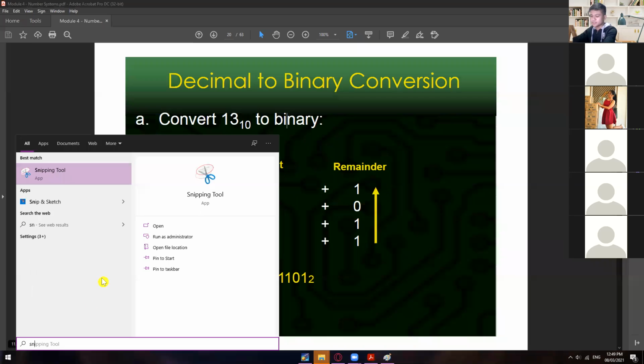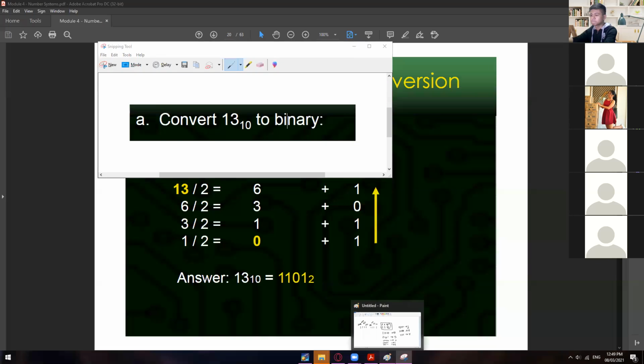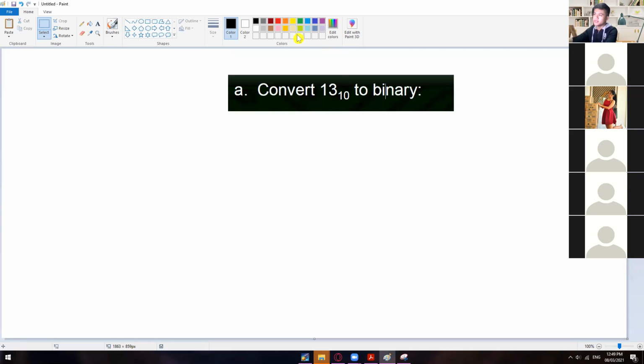So the first thing that you need to do is get this 13 and then divide it by the base that you want it to be converted to. Like for example, it's asking to convert this one to binary, so your divisor now will be 2.